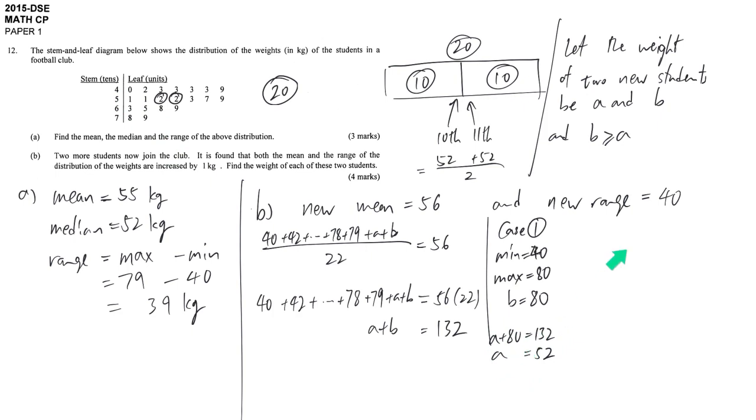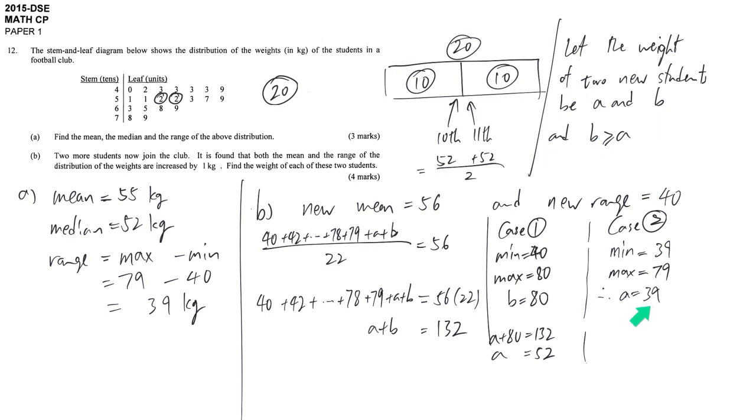Then we find, is there another solution? It's about case 2 now. Case 2, we are talking about a new minimum, while just now the minimum was unchanged. The new minimum is 39, 1 less than the original, and then the maximum is the same as previous data, which is 79, which means that A is equal to 39 because we assume A is the smaller data.